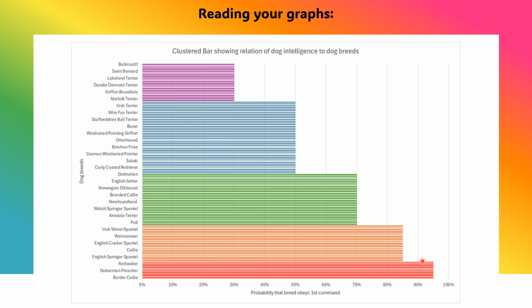This bar also shows us that the 50% probability breeds are the highest in the population. There are more of them. And the red bars show us that there are fewer dog breeds in the 95% probability range.